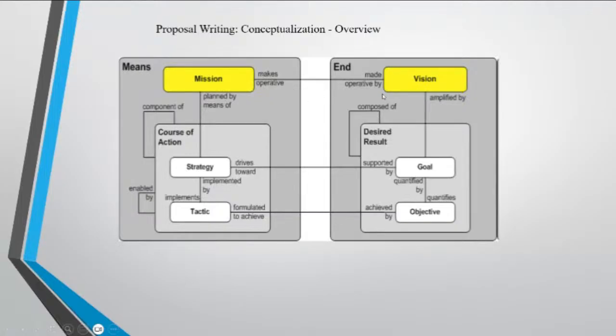The end is what is the vision that you want to bring about? What does the world look like when you finish doing what you're doing? This is what we call the desired results that you plan to bring about. And you bring about these desired results by putting together your goals and your objectives.